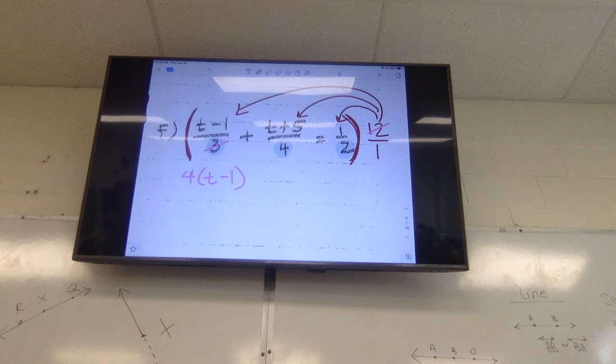The next one, it's 4, so when I cross that one out, the 4 cancels out, and I get a 3 up here. So it's going to be plus 3 times t plus 5. And then last, I've got 2 and 12, so when I cross those out, 6 is left. So I've got 6 times 1. That's redundant to write. I'm just going to leave it as 6.